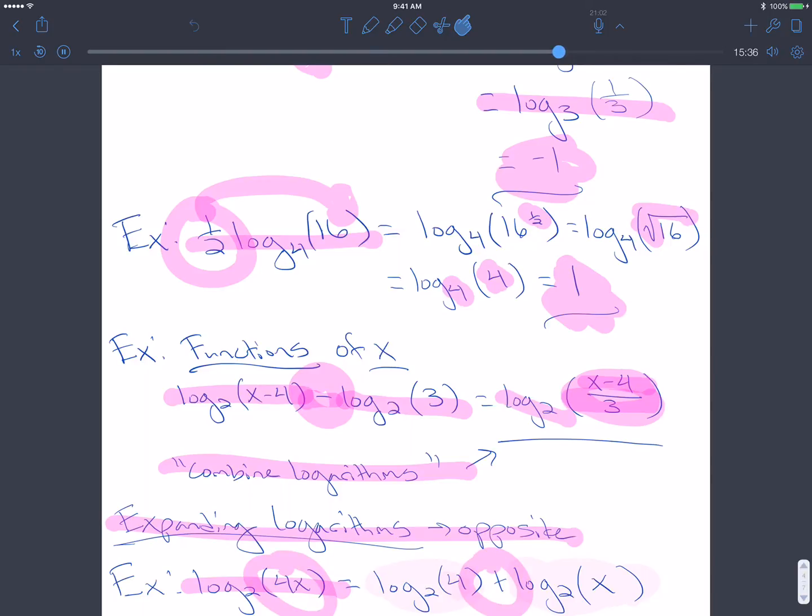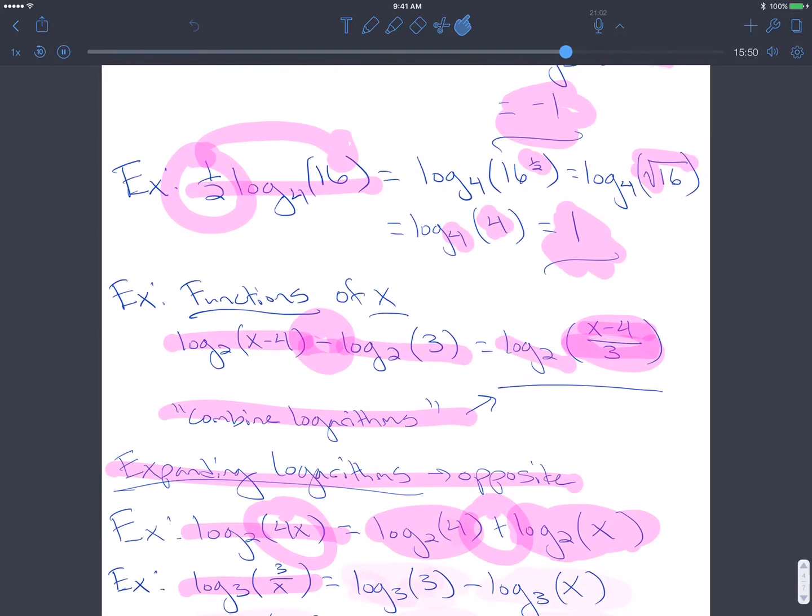So I have a log base 2 of 4 plus a log base 2 of x. I can obviously simplify this log base 2 of 4, but there's nothing I can do with this log base 2 of x to simplify further into smaller components. Log base 3 of 3 divided by x, well, that's log base 3 of 3 minus log base 3 of x, or 1 minus log base 3 of x.